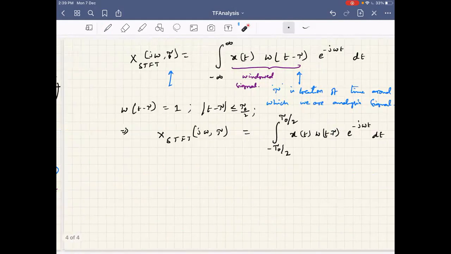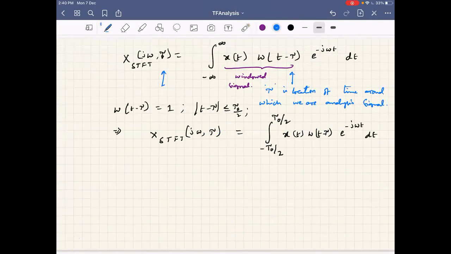Now, if we want to represent this information compactly or graphically, we use time frequency plots. Let this be the time axis.